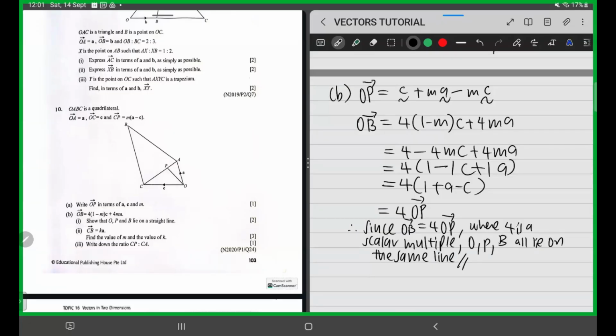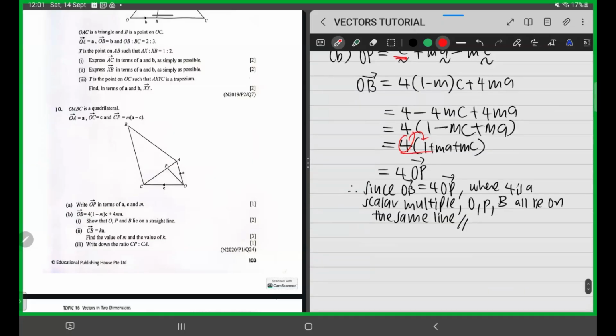And then, yeah, that is your answer over there. This is M, apologies, M. So this is M plus MA plus MC. Then later when you times your 4 in, this one gives you your C over here. Okay, so that's the answer for I.